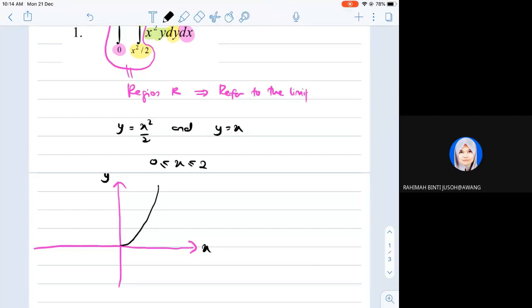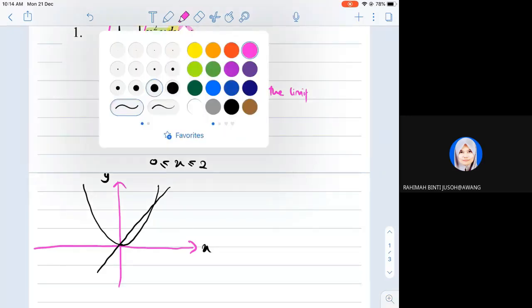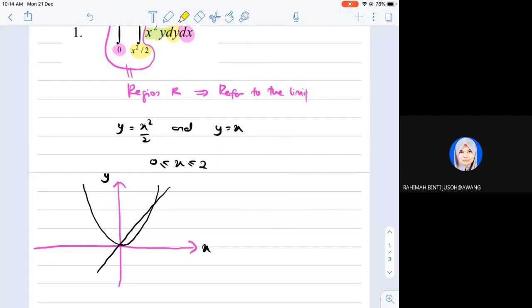And then positive, so it should be an upward parabola. And then we also have y equals to x, which is just a straight line like this. Okay, so now guys, the region, we use a yellow color. The region should be like that.